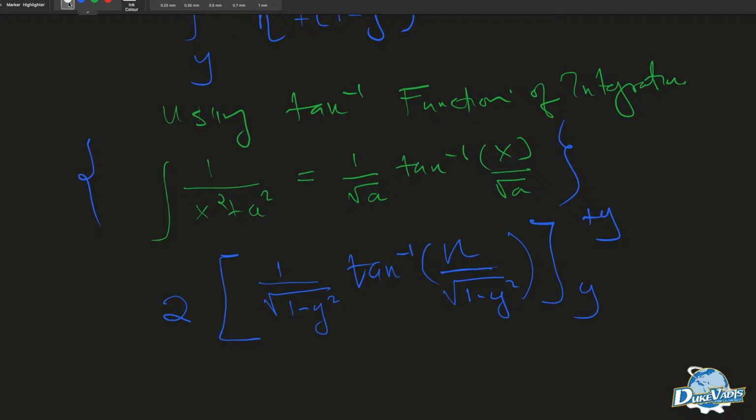Now that all the integration has been done for us, you see, this is 1 plus y.